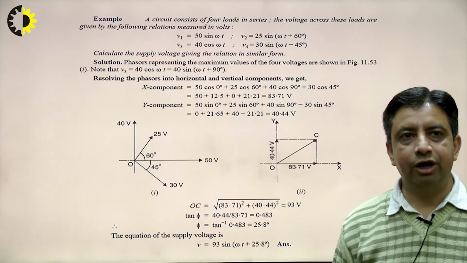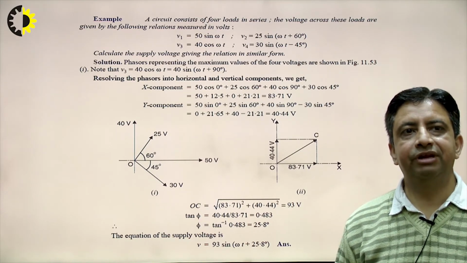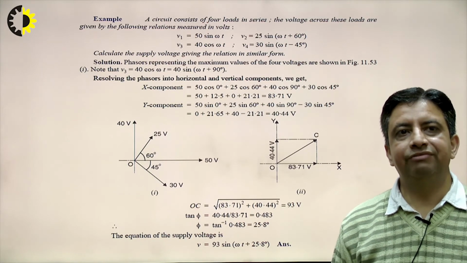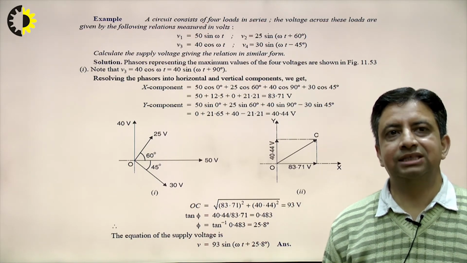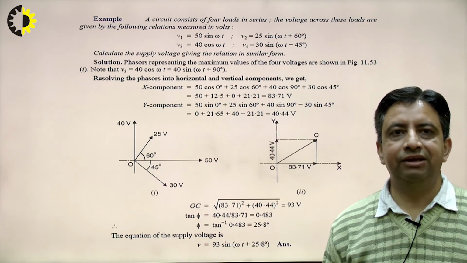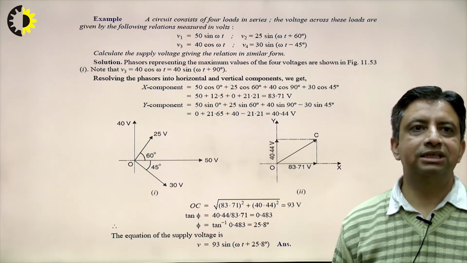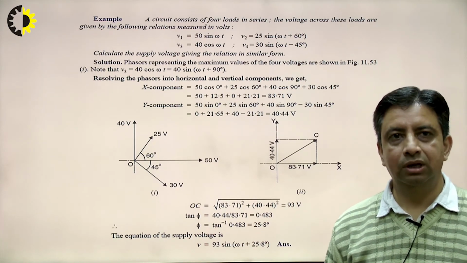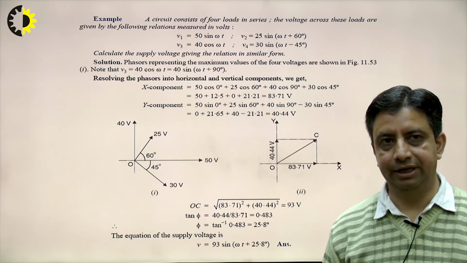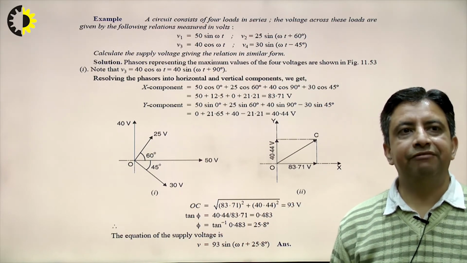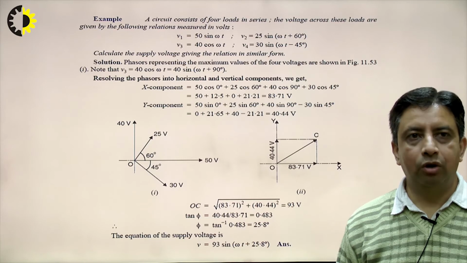Similarly, for the y component, it will be 50 sin 0, 25 sin 60, 40 sin 90 minus 30 sin 45 degrees. This is already taught to you in school. We have used simple trigonometry here. Now, we have resolved the x and y components.